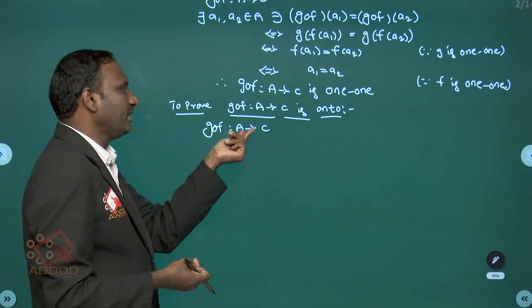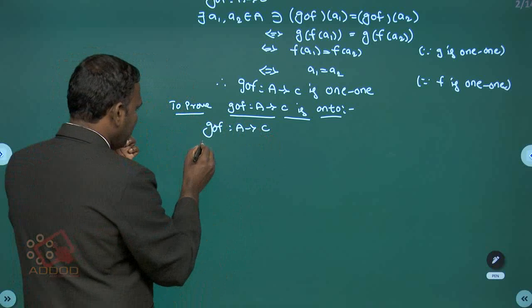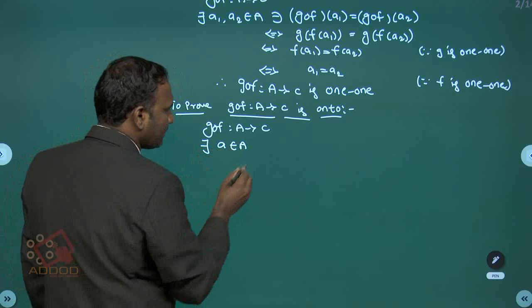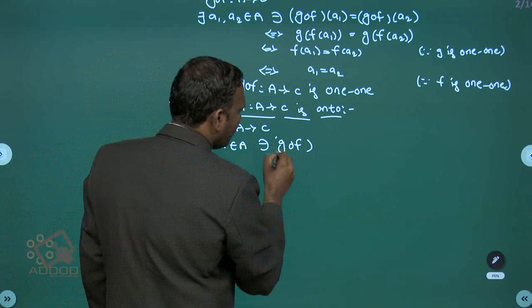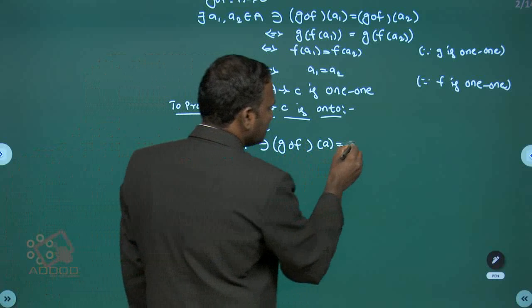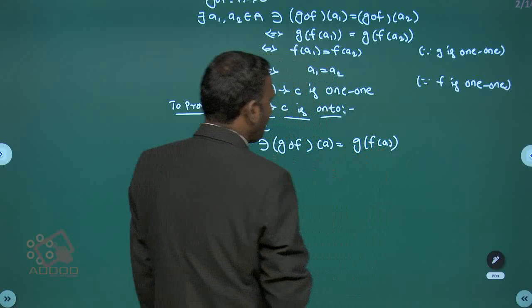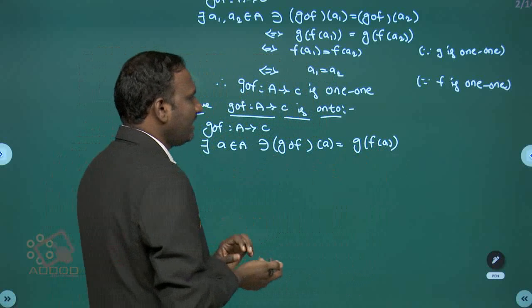The first place is the domain, the second place is the codomain. I am taking domain elements: there exists an element A belonging to A such that G circle F of A is equal to G of F of A.